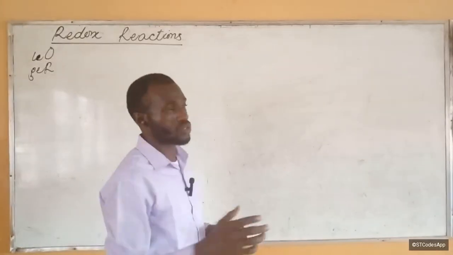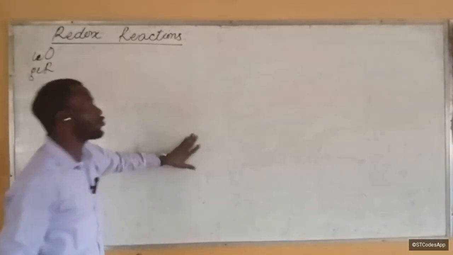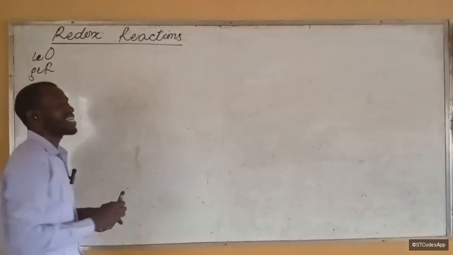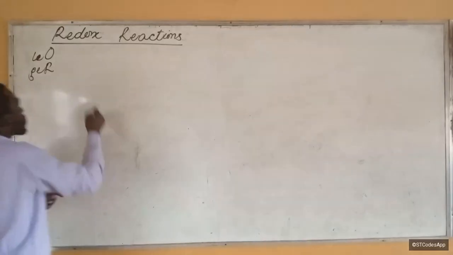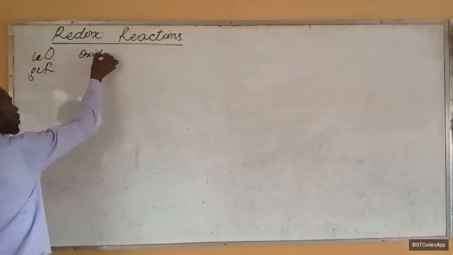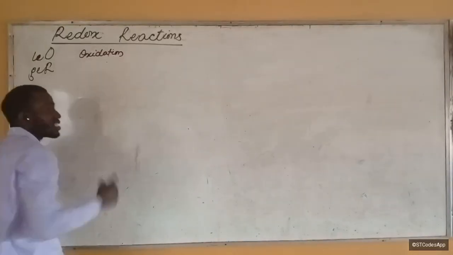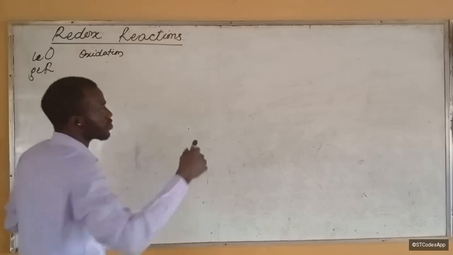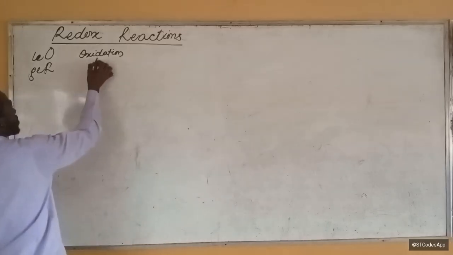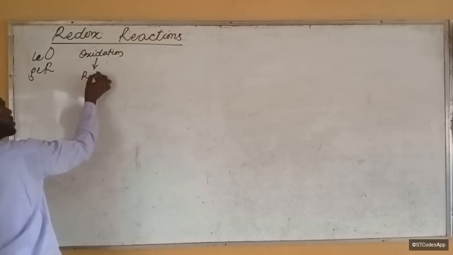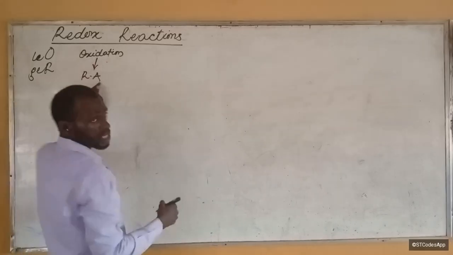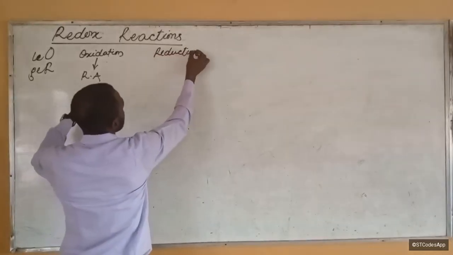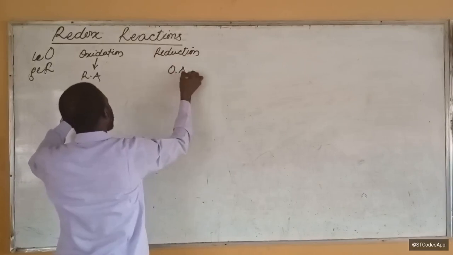Now, in order to balance redox reactions, you must first know how to determine the species that we have. The species that undergoes oxidation is called the reducing agent, while the species that undergoes reduction is called the oxidizing agent.